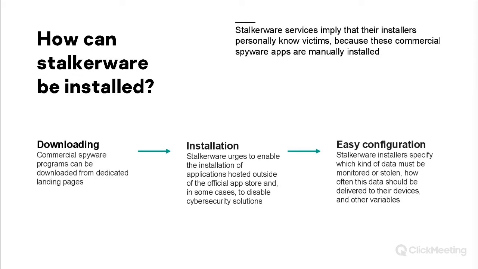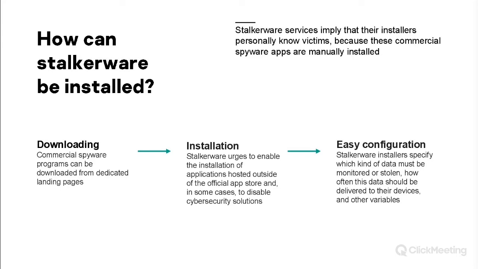Stalkerware, as I said, is a commercial spyware. It is software that can be purchased, and it needs to be downloaded from the dedicated websites of the companies who offer these kinds of products.